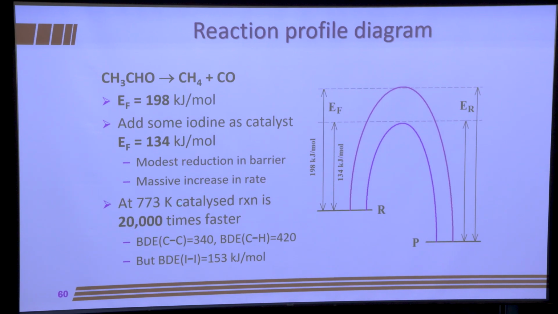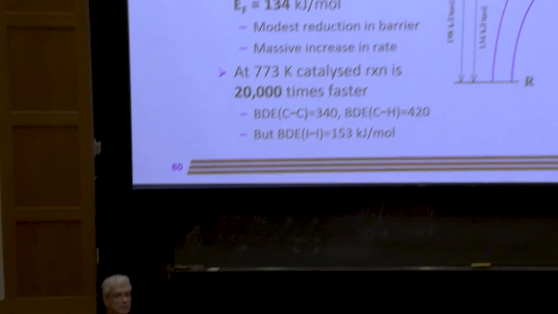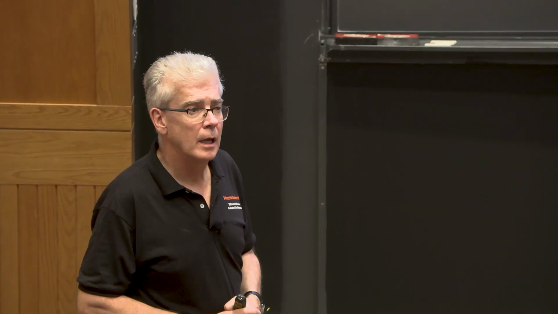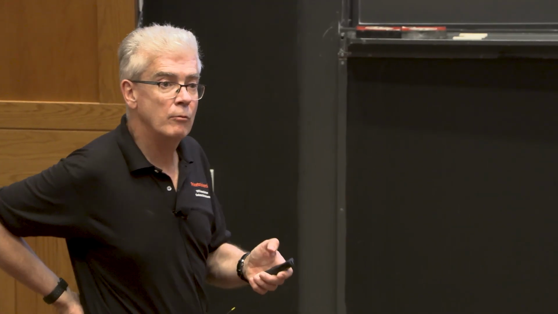And at 773 Kelvin, the catalyzed reaction is actually 21,000 times faster, right? How do I calculate 21,000 though? Where do you get that from? Yeah, well, what do you do?